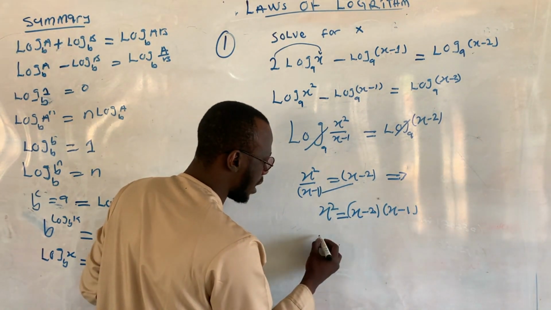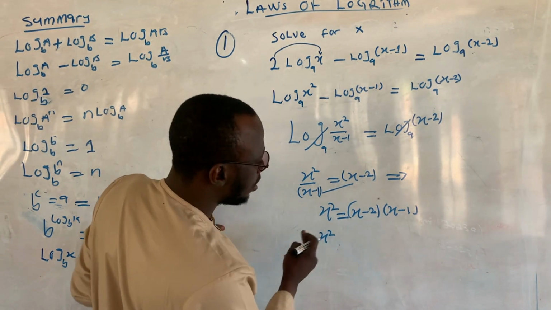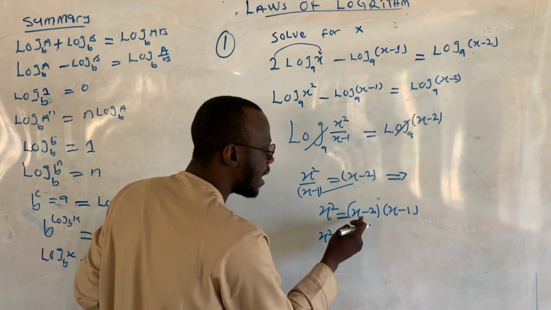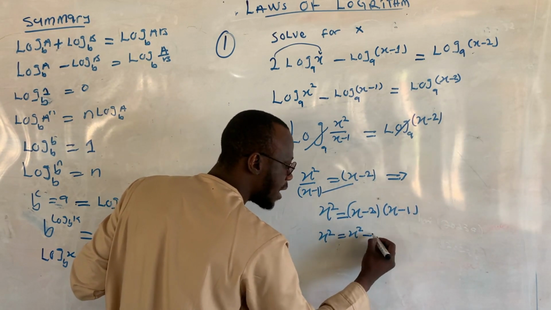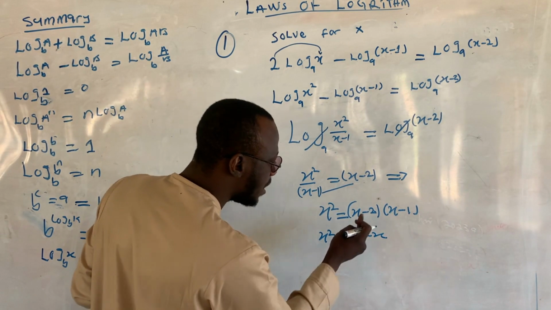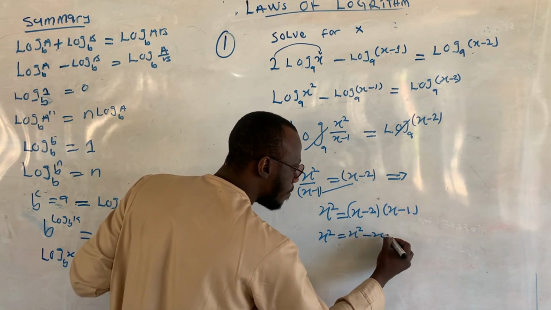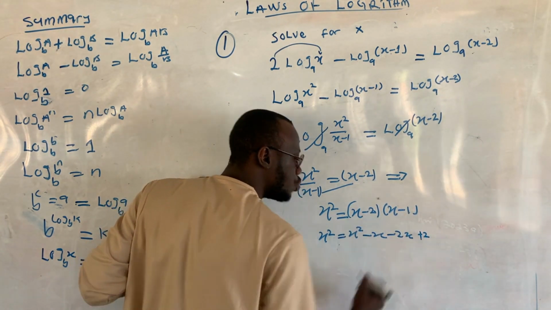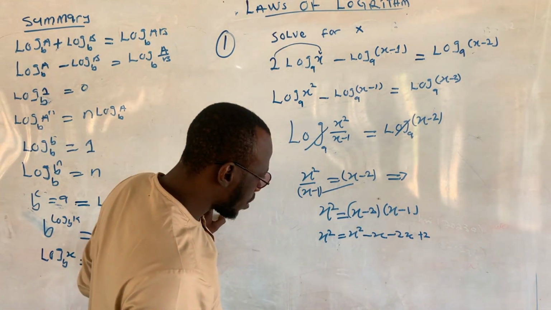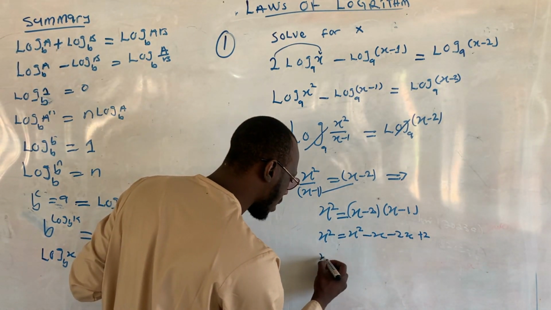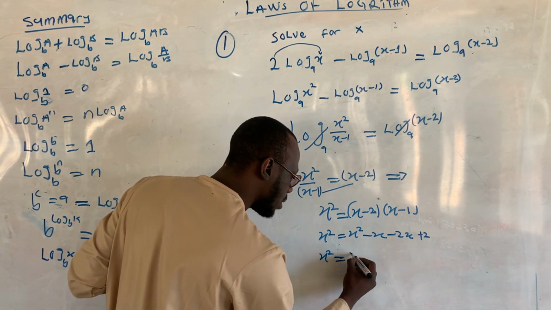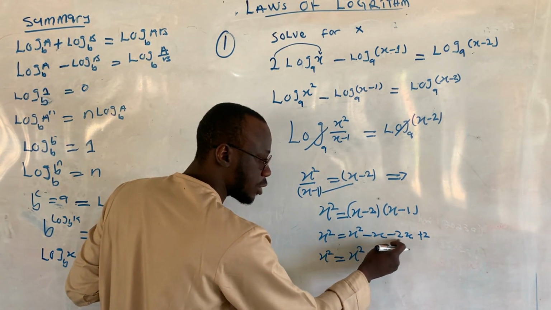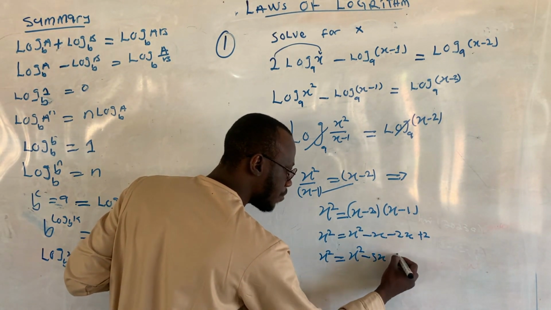We open the bracket: x times x is x squared, x times minus 1 is minus x, minus 2 times x is minus 2x, and minus 2 times minus 1 is plus 2. So here x squared equals x squared minus 3x plus 2.